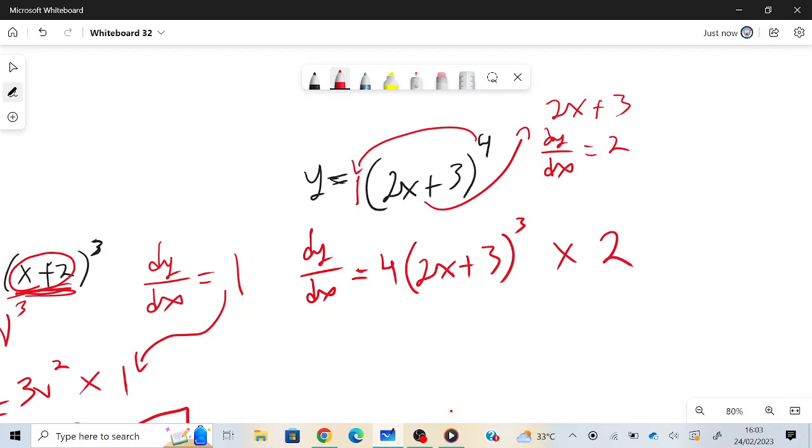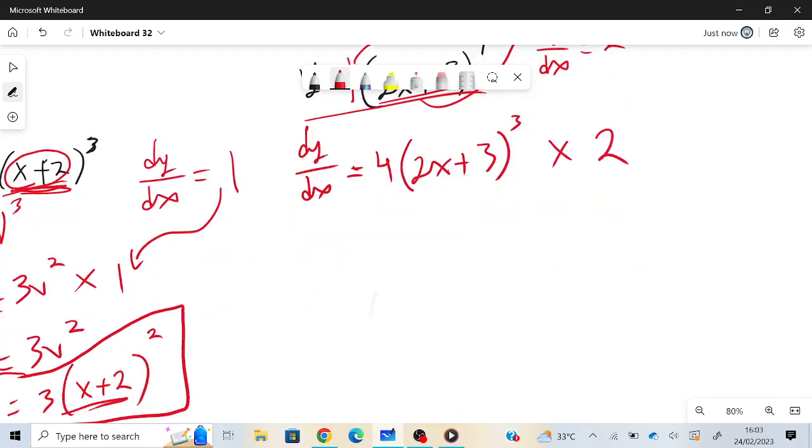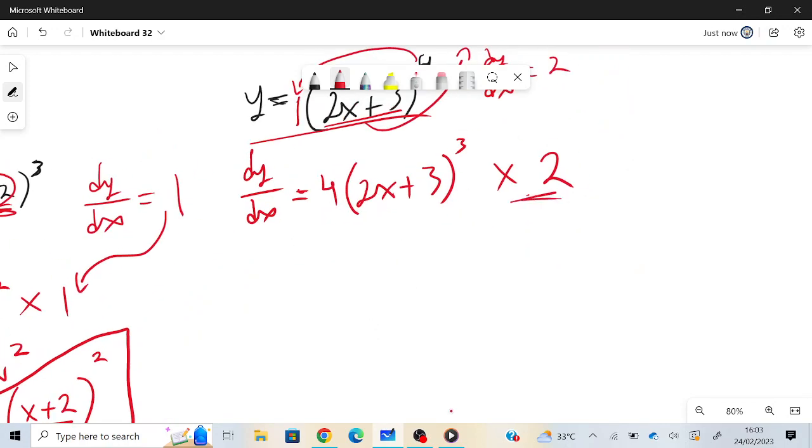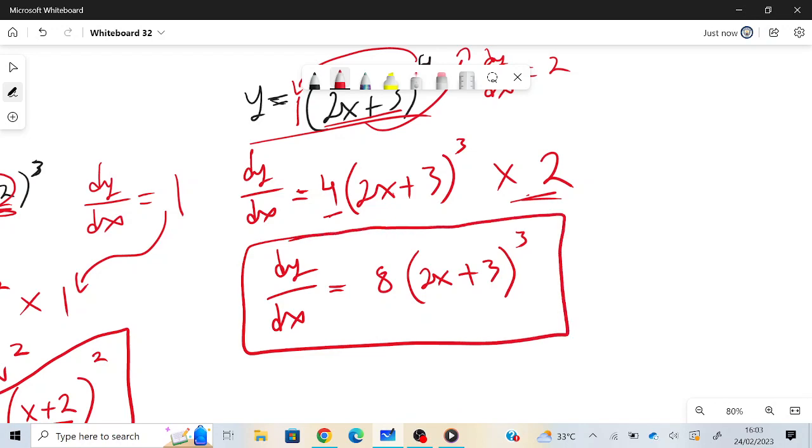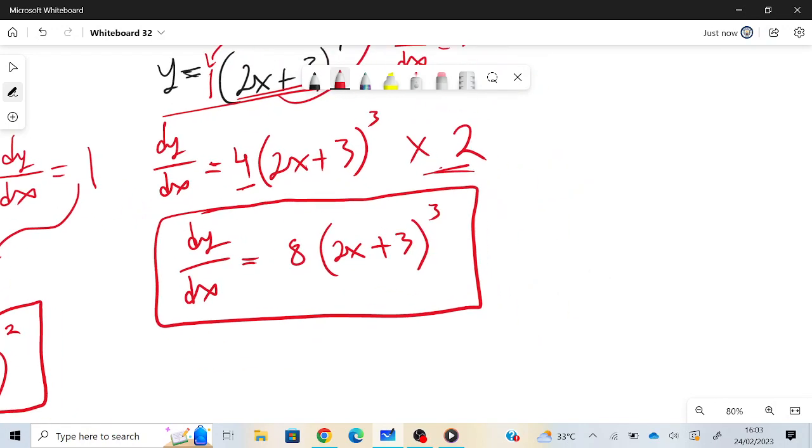And remember that once you're done differentiating this normally, you have to times it by the derivative of inside, and in this case that's 2. And now all we do is multiply our 2 with what's outside. So our dy/dx would now be 4 times 2, that's 8, into (2x plus 3) to the power of 3. And that's our answer for that example.